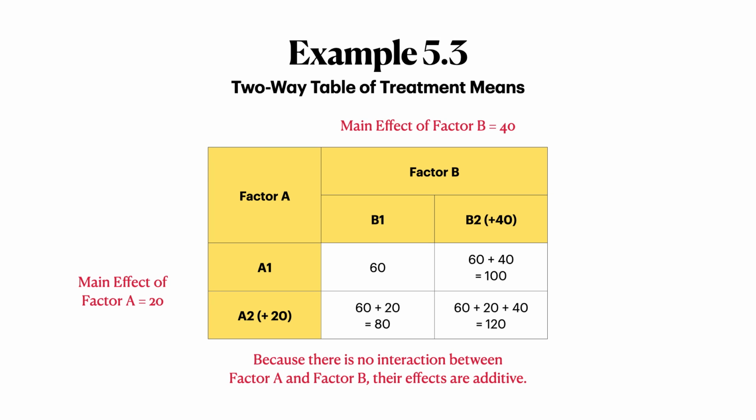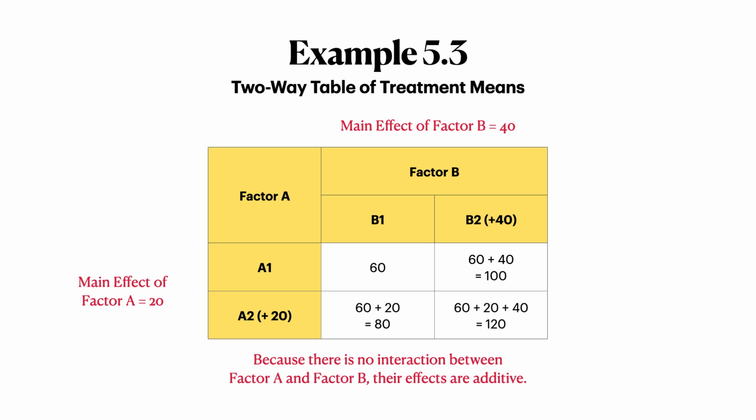If we go over one column to the cell for the treatment combination A1B2, that ought to be 60 plus 40 because the main effect of factor B is 40. And that is the case. You'll recall that the mean of the treatment combination A1B2 is 100.